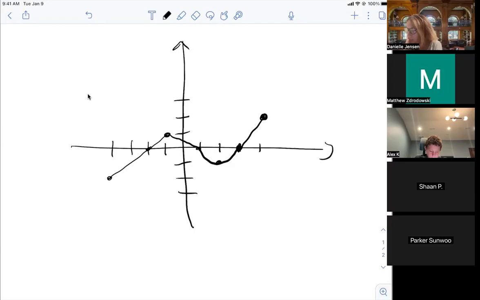I'm going to do something a little bit different. We'll call this f of x, by the way.